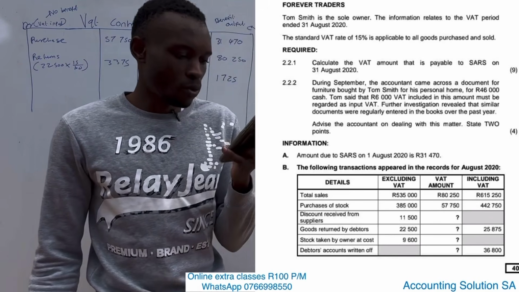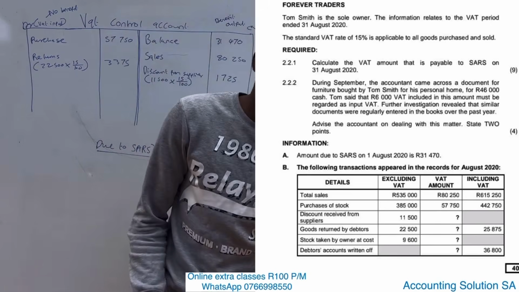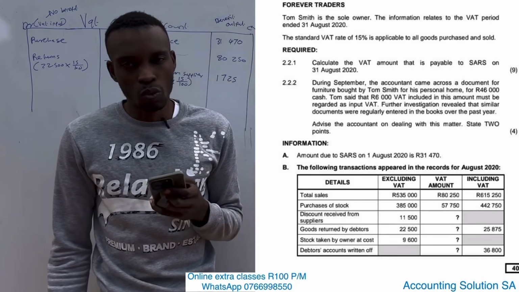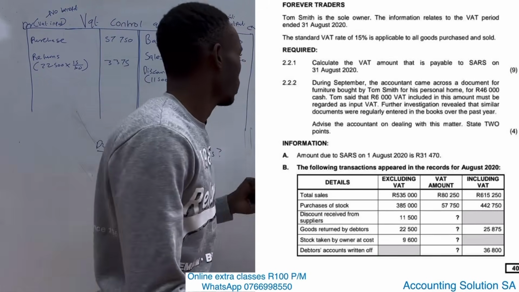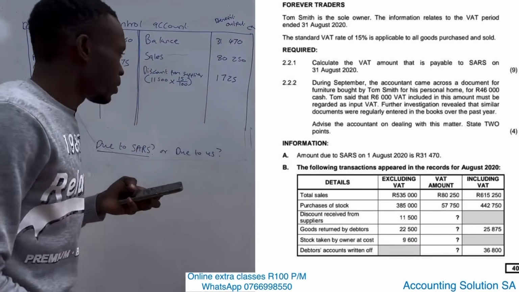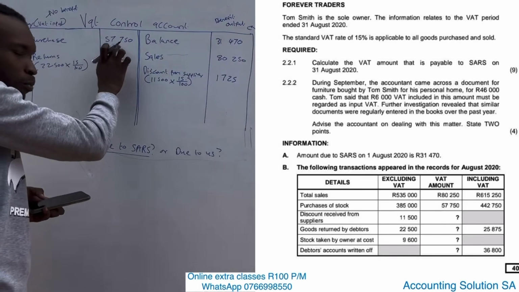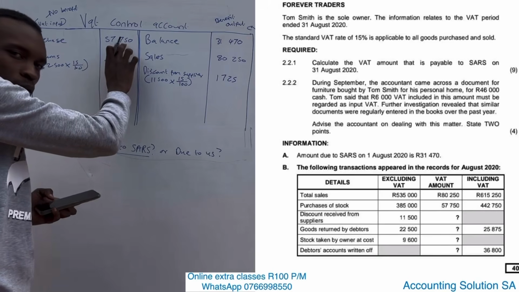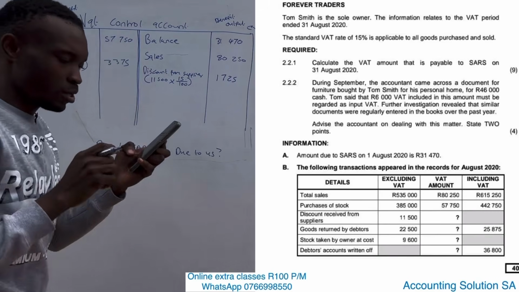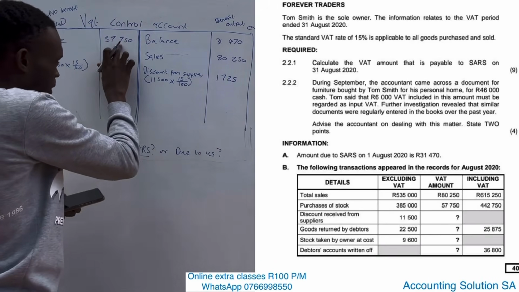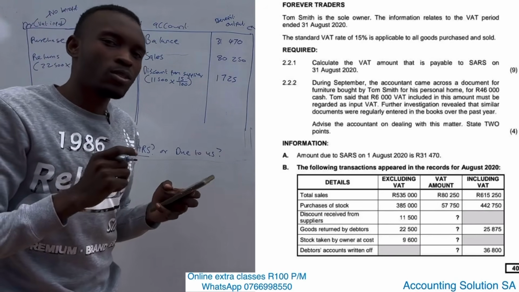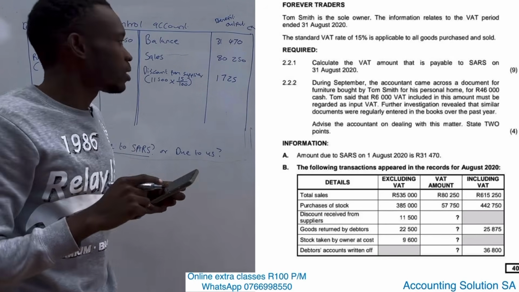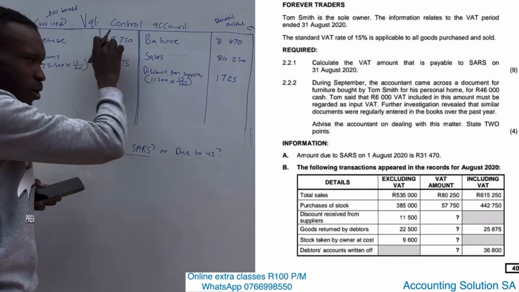Okay, the next one, stock taken by the owner costing 9,600. When the owner took goods, is there any benefit? Yes, the owner benefited because he took goods on which we already claimed input. He took it for personal use. Remember, he took goods that we purchased and claimed input on. When we purchased that stock, we told the sellers that we are going to claim it because we are going to sell it.